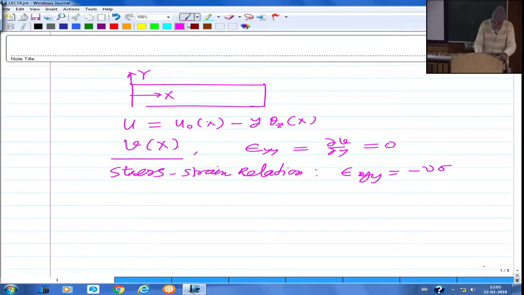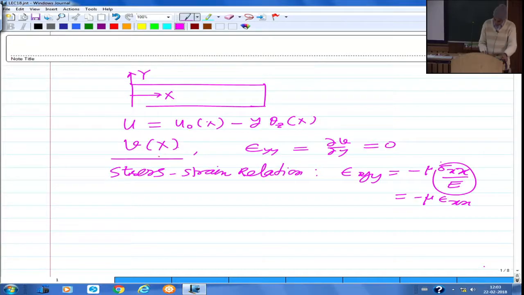I think I used mu, right? I used mu for the Poisson's ratio, not nu. So this was mu. This is sigma xx upon E, which is nothing but epsilon xx, so you get mu times epsilon xx.